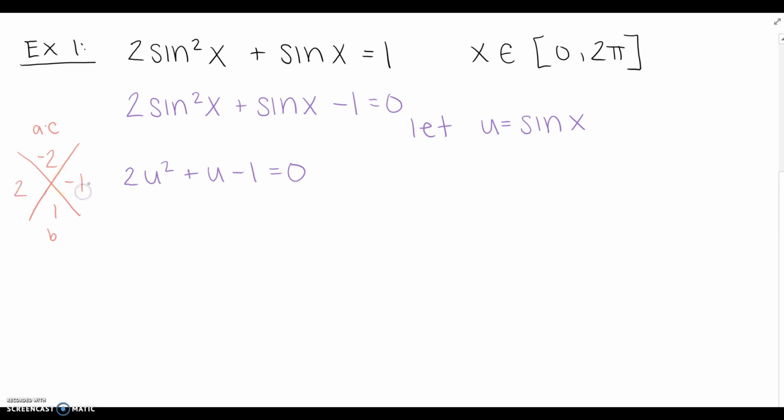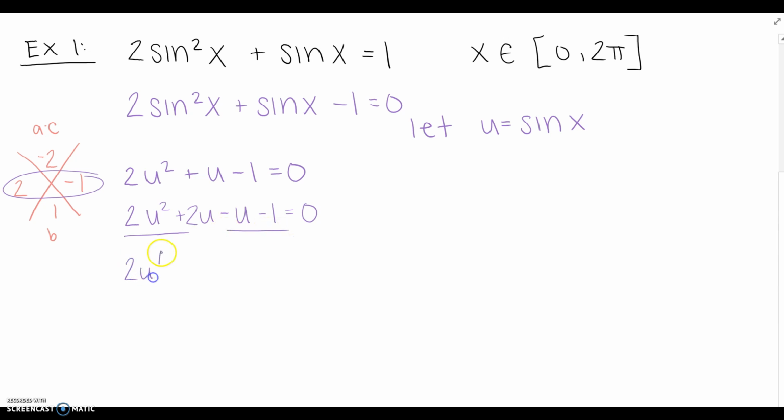2 and negative 1. And then what we do with that is we rewrite this and replace u with a 2u and a minus u, so that's coming from here. And then we group and factor out the greatest common factor.